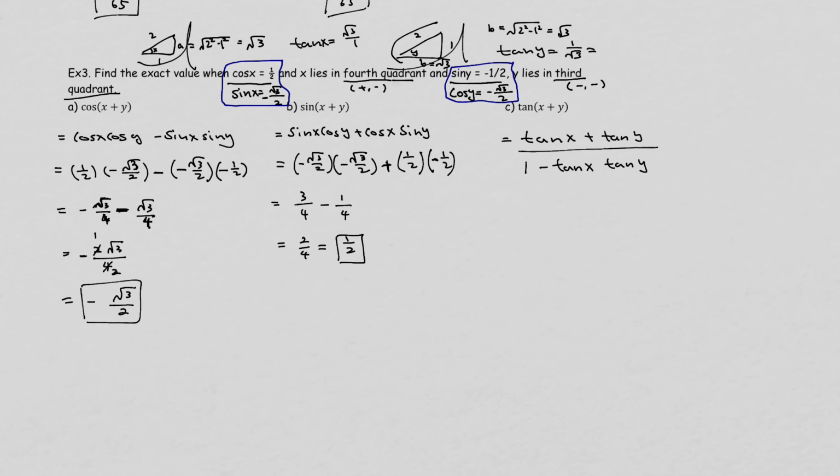Let's leave it as it is, because sometimes when you do the multiplication, you can cancel out. So now this time we're using these 2 values. Replace it. So tangent x is square root of 3.